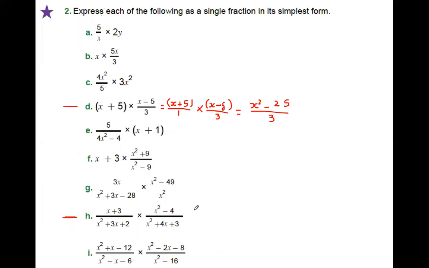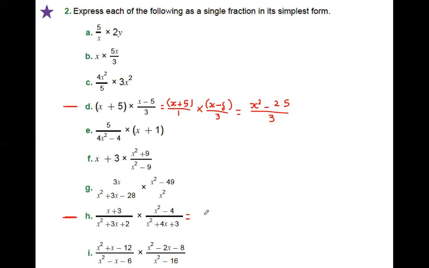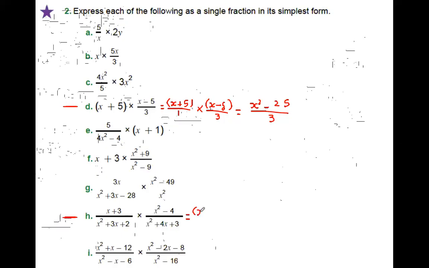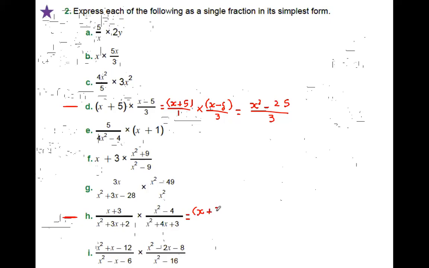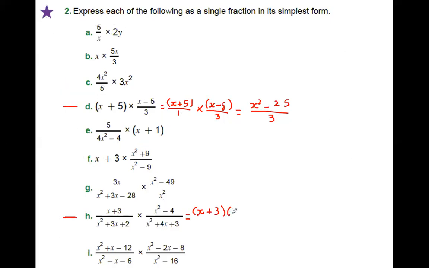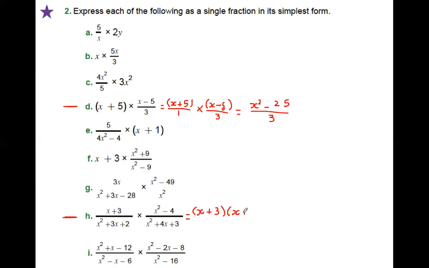Okay, so let's try the next one here. What I'm seeing here is I've got x plus 3, and x squared minus 4. So straight away I can see difference of 2 squares for the x squared minus 4, which is an x plus 3 at the top, times x plus 2 times x minus 2.